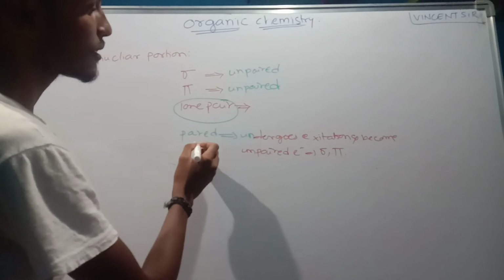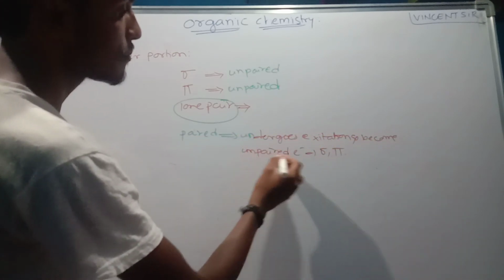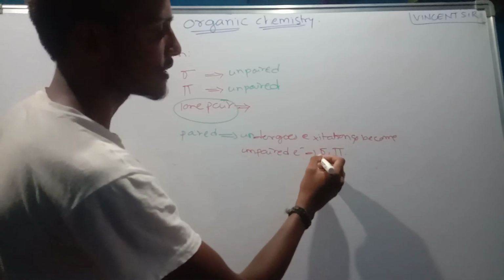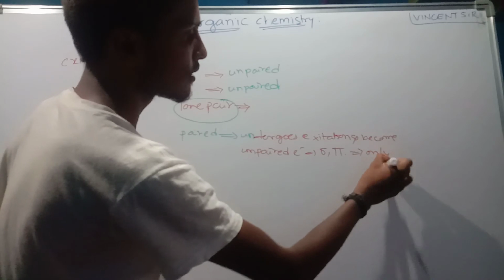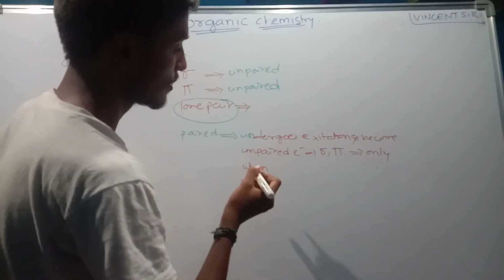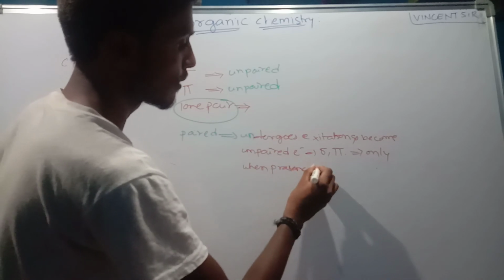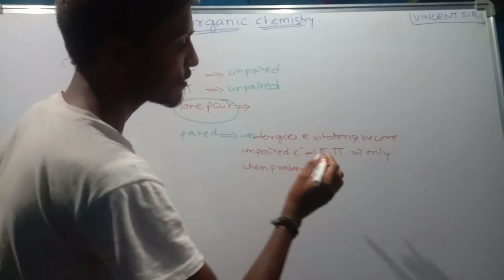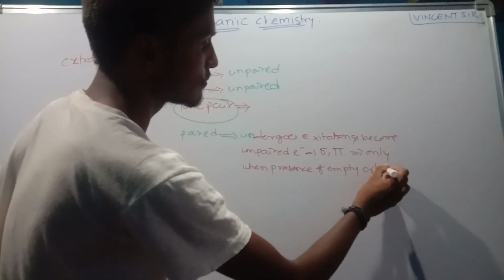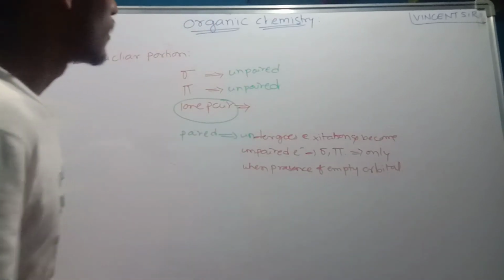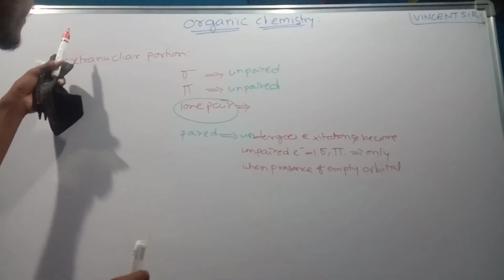The paired electrons undergo excitation and become unpaired electrons, and that leads to the formation of sigma and pi bonds only in the presence of an empty orbital. And this is about the extranuclear portion.